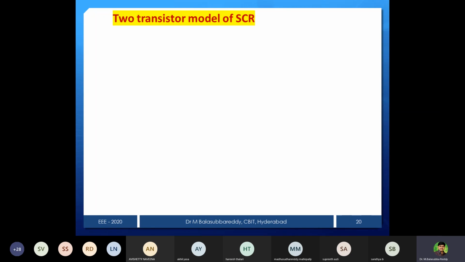So that's why in the two transistor model, NPN and PNP transistors combined, you have to connect in such a way that it operates in SCR fashion or thyristor fashion. Now for that, we take the normal structure of SCR, that is the PNPN structure, and bisect the middle layers and divide into two parts. Once I divide it into two parts, it will become a PNP and an NPN transistor.